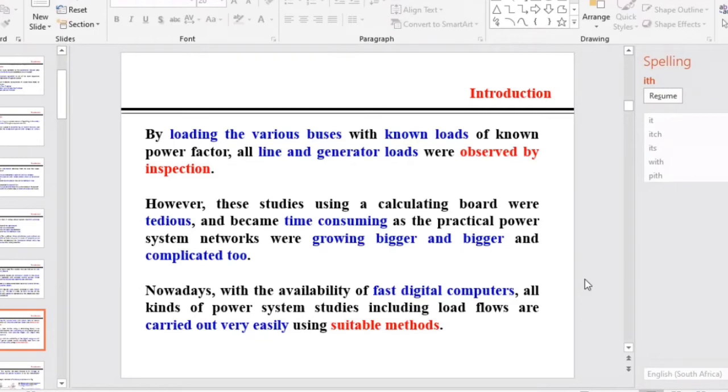But fortunately, we have very fast digital computers these days, and we also have software used by scientists, researchers, and power system engineers in real power utilities to do power system load flow studies. It is very easy, less time consuming, and not that tedious.